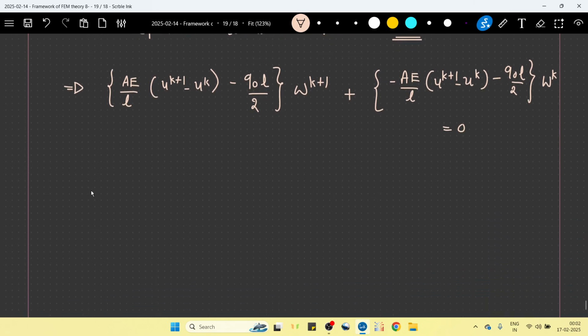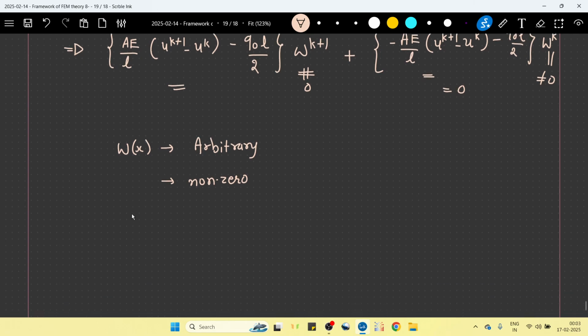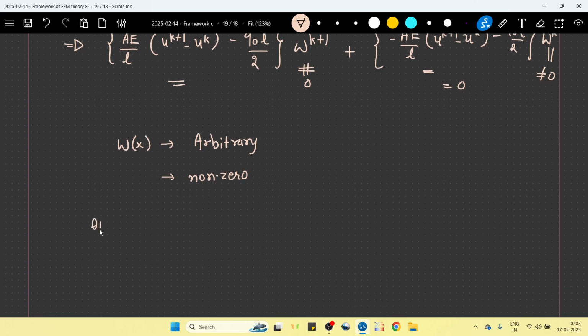Now we will use the property of w of x. We said that the weighting function w of x is arbitrary and it is non-zero. For obvious reasons it is non-zero, so this cannot be 0, and this WK also cannot be 0, so these two terms are 0.